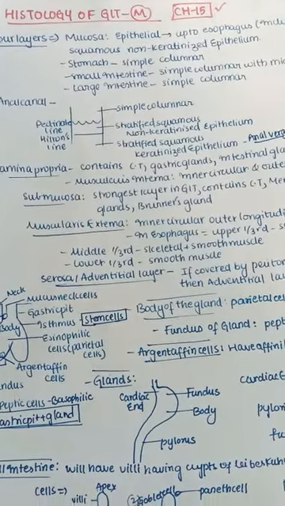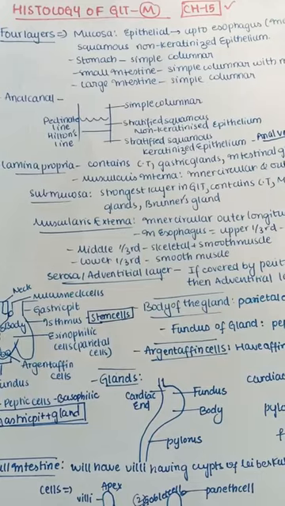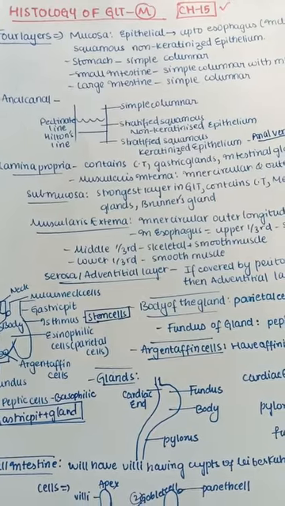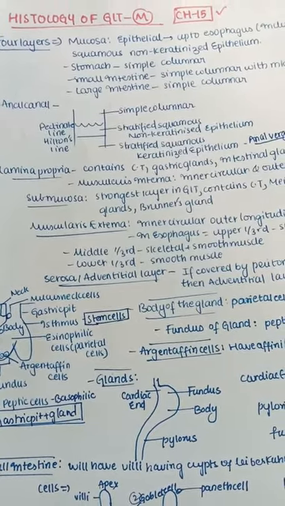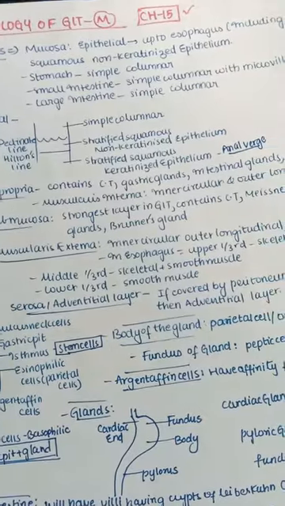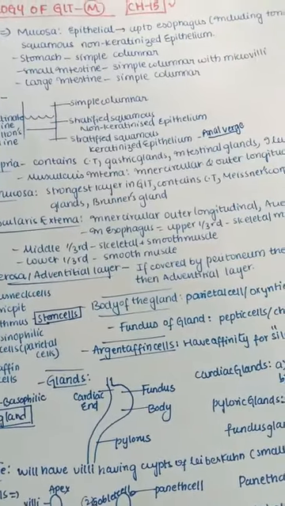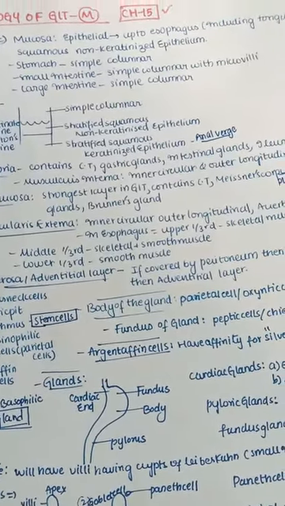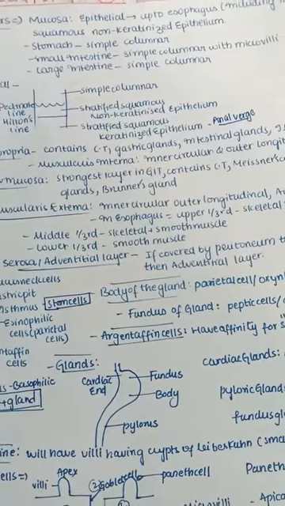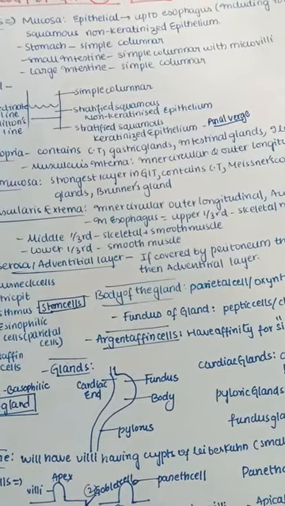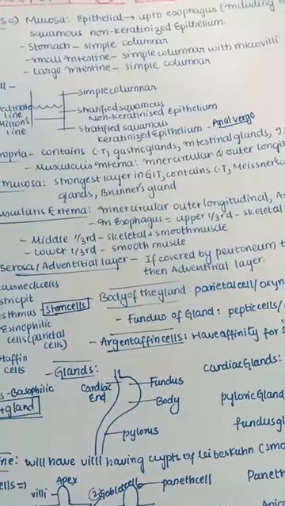Every GIT layer is covered by mainly 4 layers, from inside to outside. Inside we have the mucosa, then the submucosa, then the muscularis externa, and outside we have the serosa or adventitia. The mucosa includes the epithelium, muscularis mucosa, and so on.